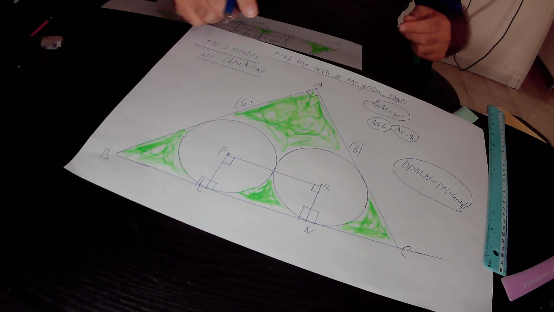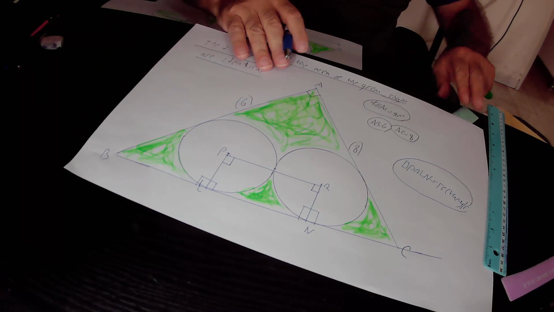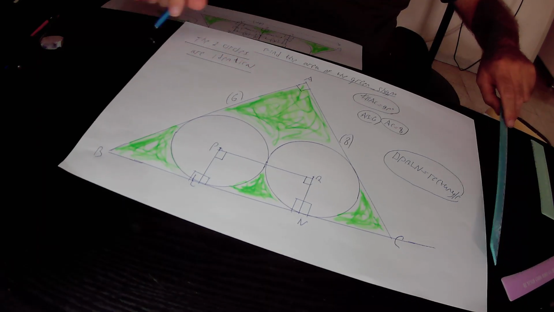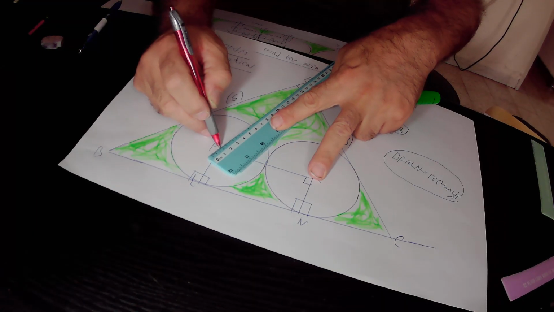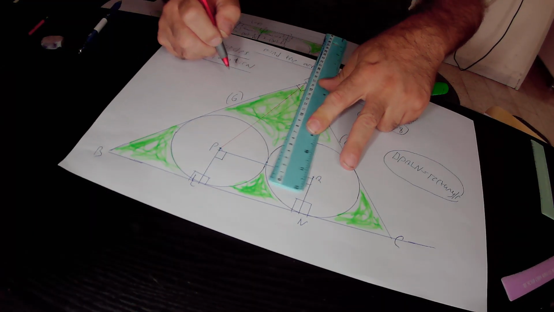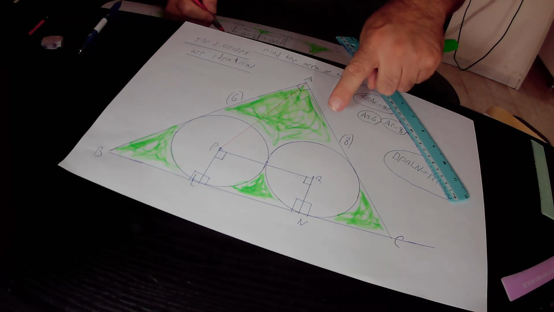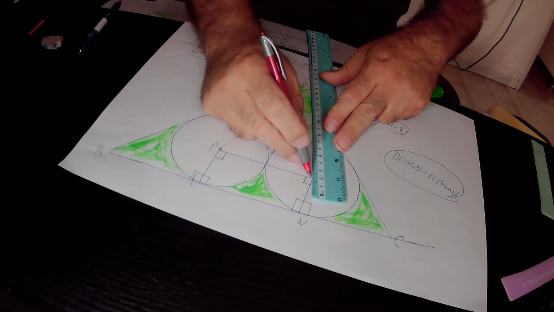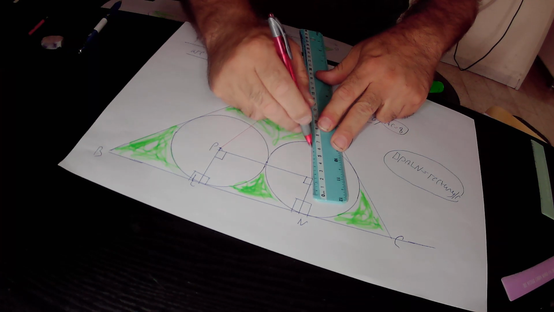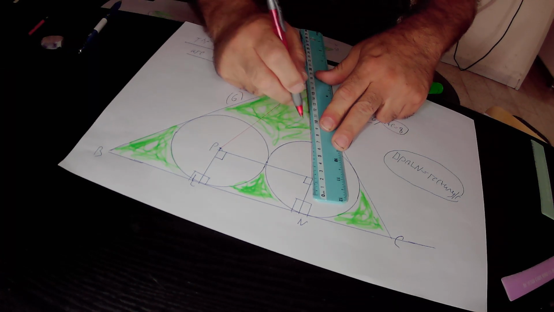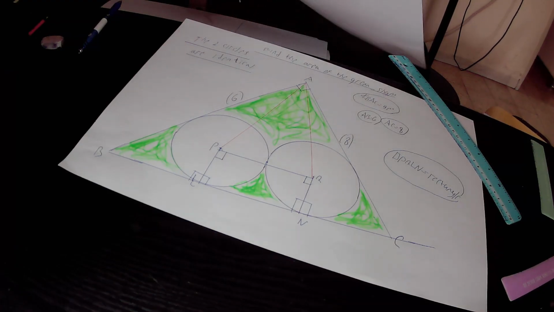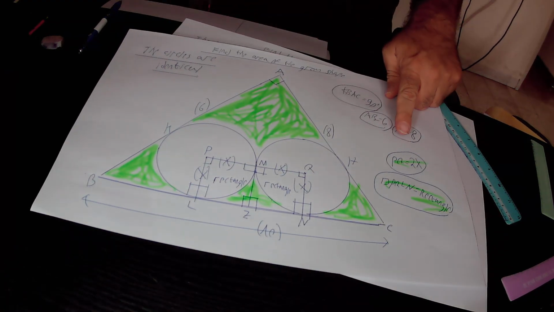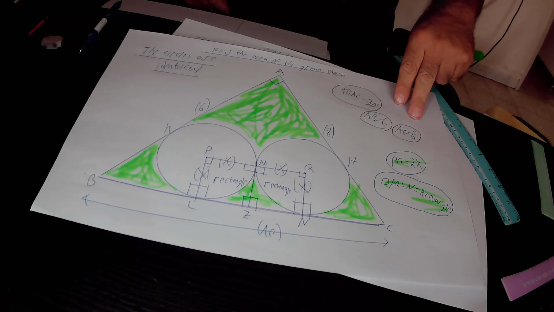So in the next step, we join points A and P together by a straight line, and we join points A and Q together by a straight line. Actually, we already found out that PQ equals 2x.